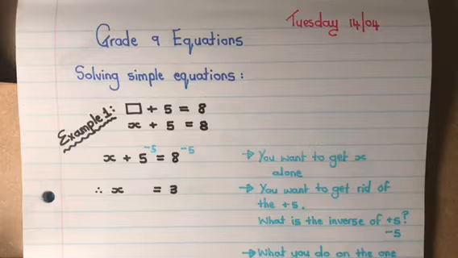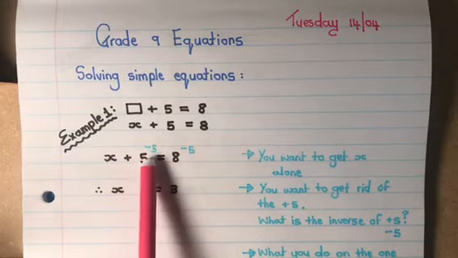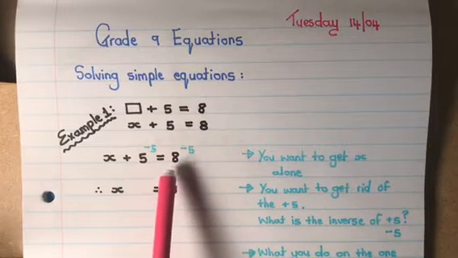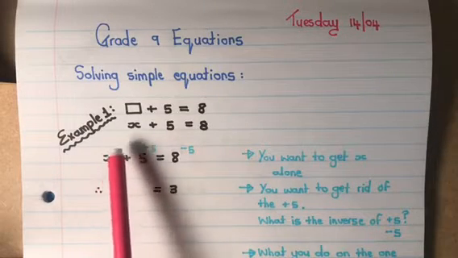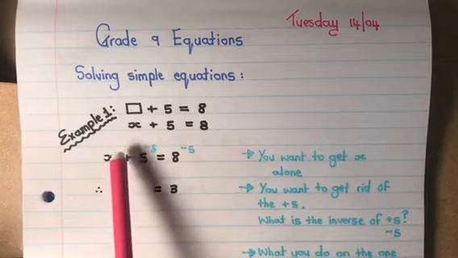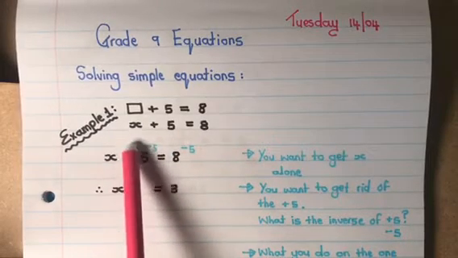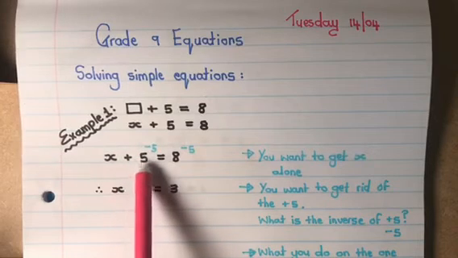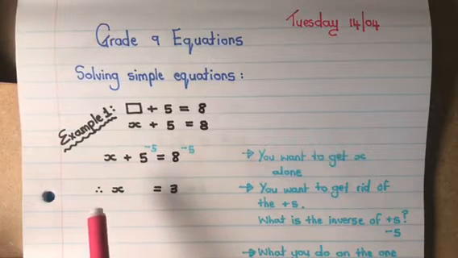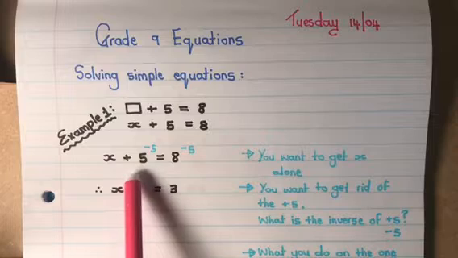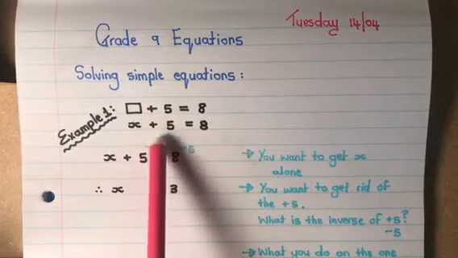So how do we get x alone? If you have two terms on one side of the equation and one term on the other side, please remember, have a look. There's an x over here. You want to get x alone. There's the loose term that's next to x. We don't want that plus 5 there. How do we get rid of the plus 5? By doing the inverse. Plus 5, minus 5.